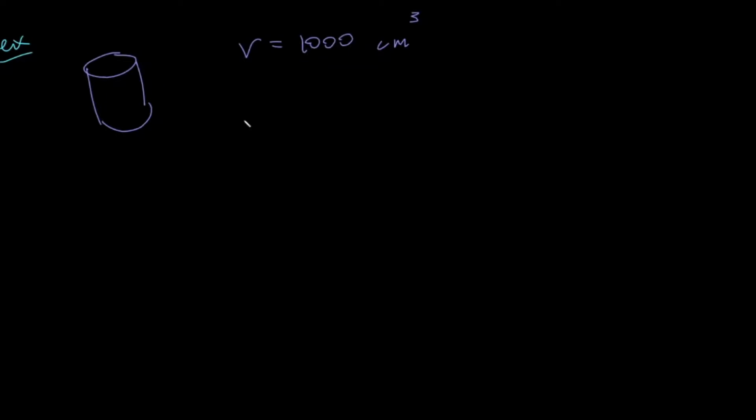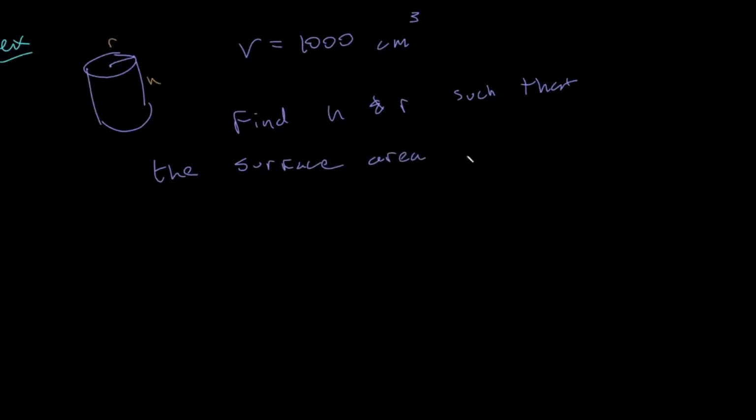And we want to find h and r, so this is height and radius. Find h and r such that the surface area is minimized.